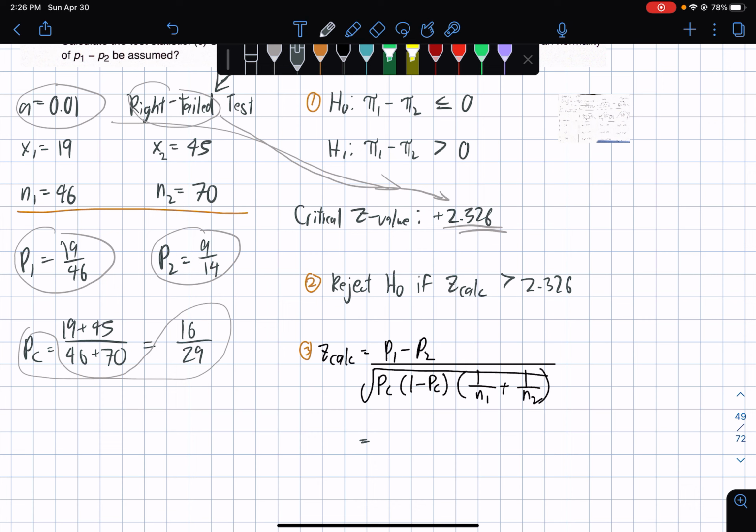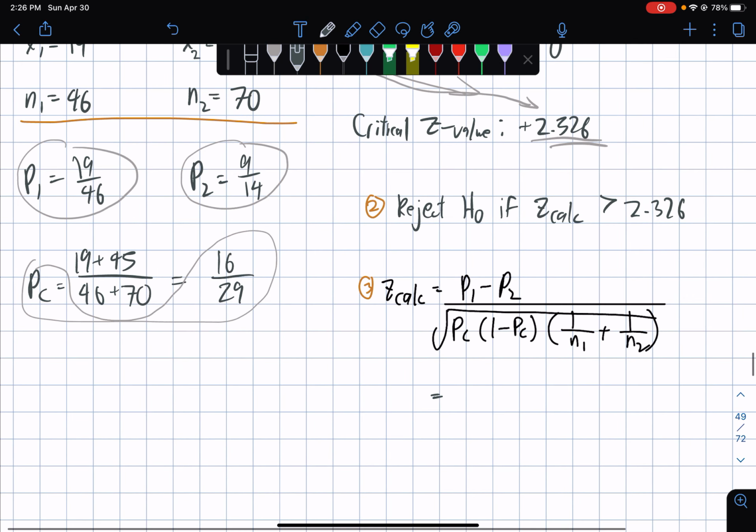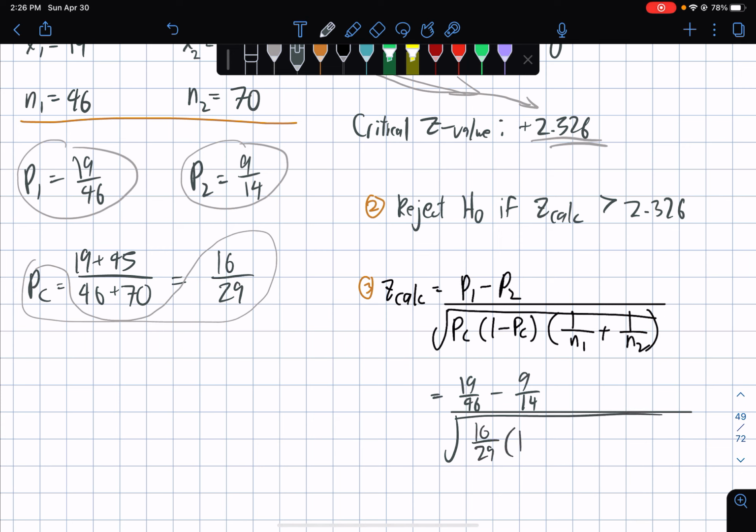If you want accurate results and the decimals are just too long to copy, then just stick with the fractions. And then PC is 16 over 29 times the quantity 1 over n1, which is 46, plus 1 over n2, that's 1 over 70.